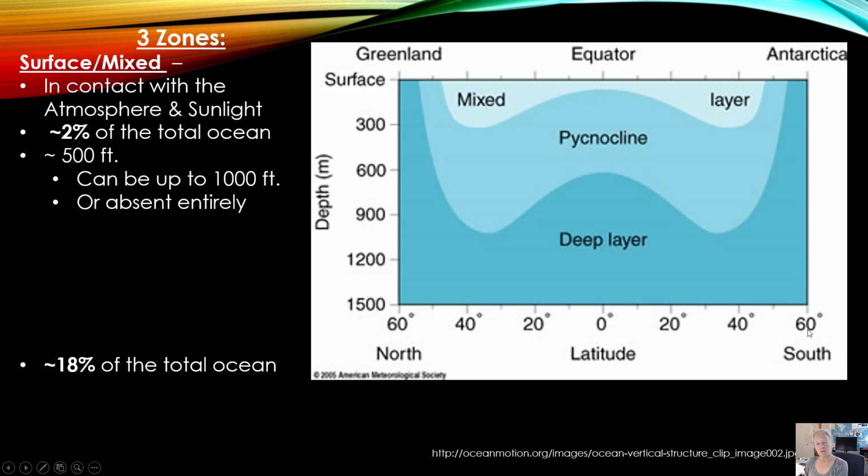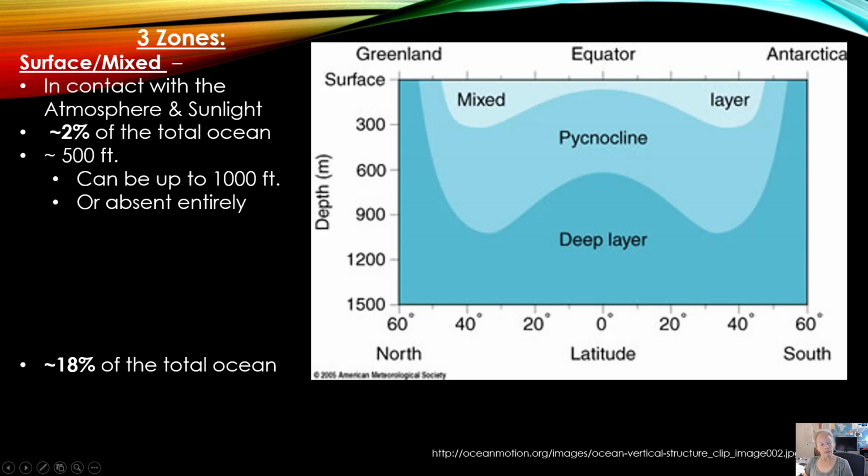And we go down to the Antarctic Circle, and we go up to the Arctic Circle. These colors are showing you that the mixed layer is thinnest at the equator. It gets thicker midway up the globe and midway down the globe, and it's completely absent in the Arctic Oceans and the Antarctic Oceans.